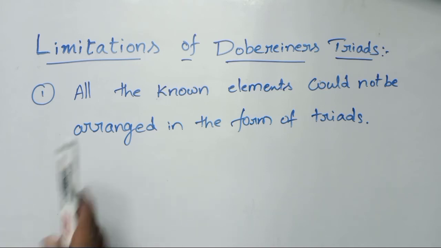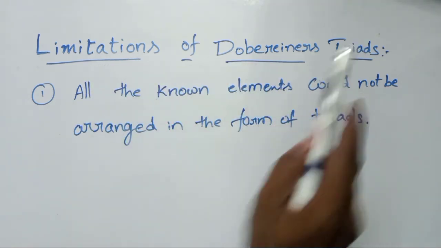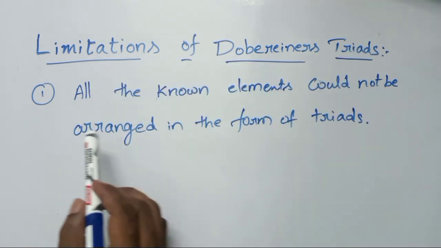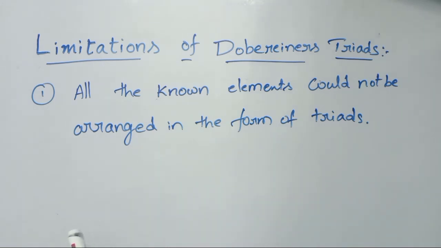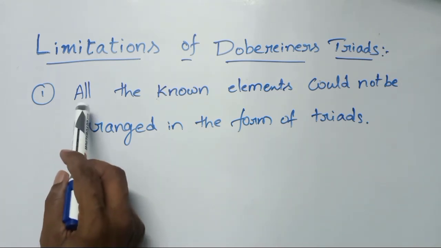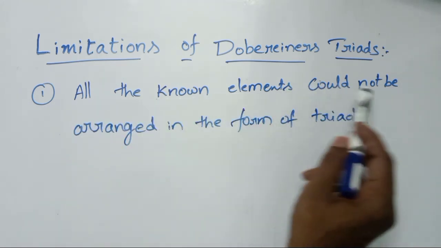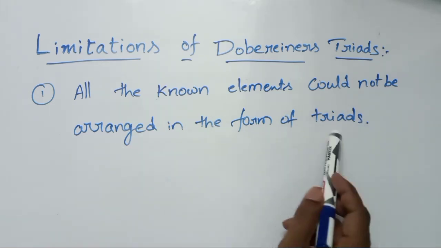Now let us see the limitations of Dobereiner's triads. That means what are the defects present in the classification of Dobereiner. The first defect is that all the known elements could not be arranged in the form of triads.